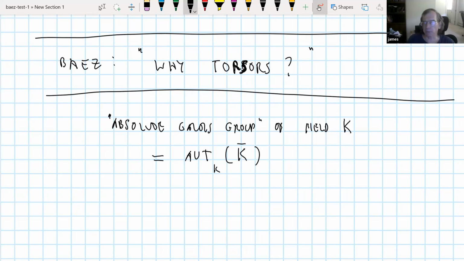Well, an example is, let's take the absolute Galois group of the rationals. Last time I checked, and maybe even still today, people would consider that to be an annoying group in some ways.